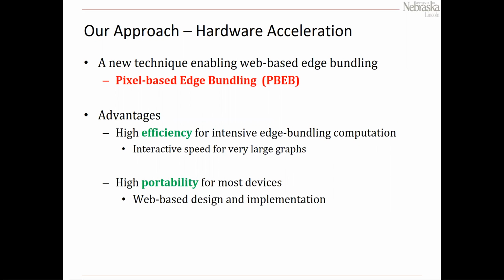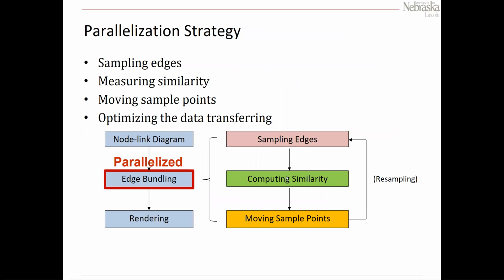This algorithm can achieve high parallel efficiency for intensive edge bundling computation, and it is also highly portable for most devices. It can enable edge bundling on desktop or mobile devices and achieve interactive speed for a relatively large graph.